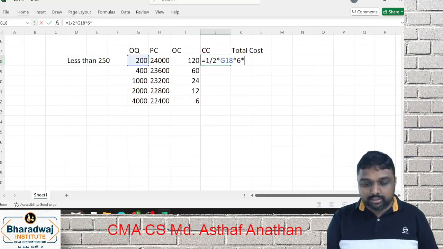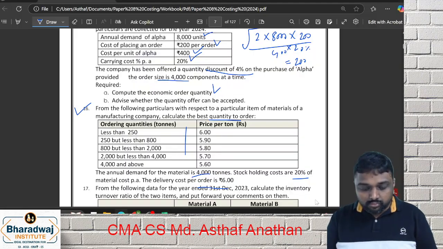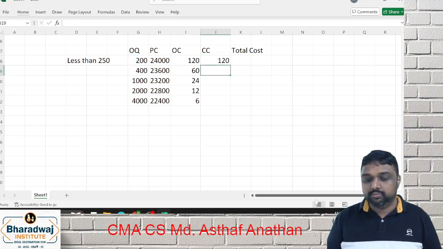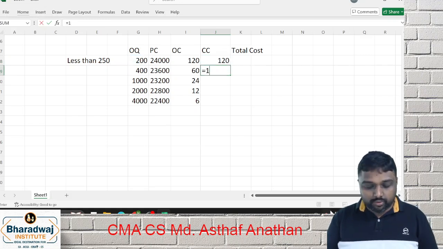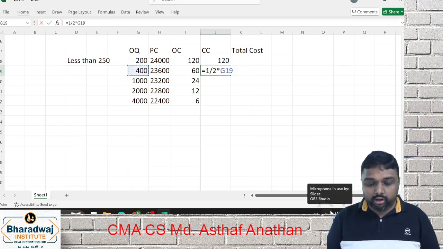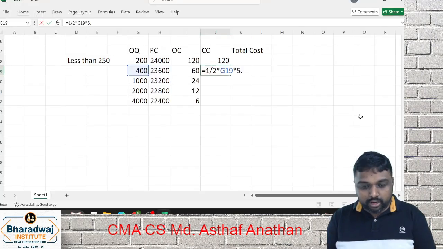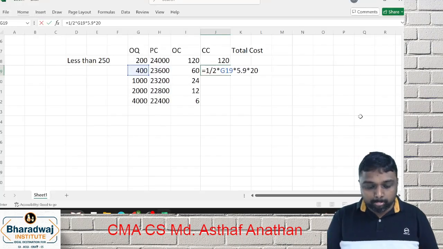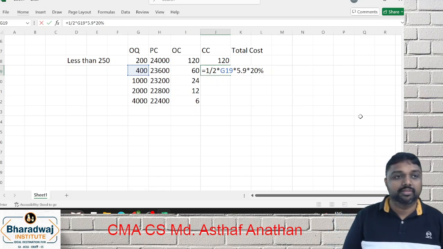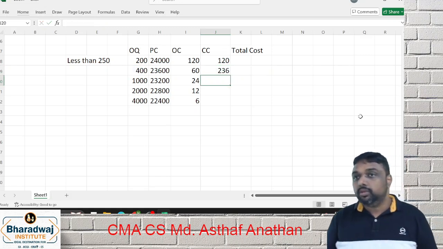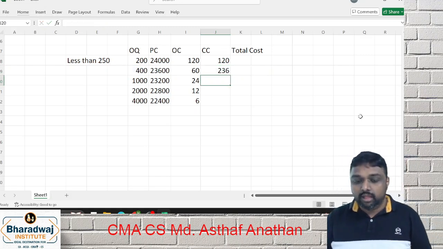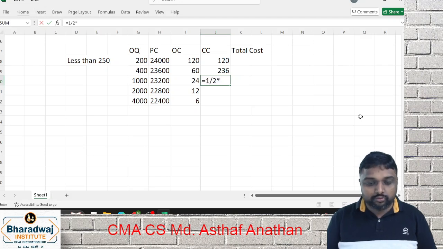So half of order quantity into 6 into 20%. Next, half of order quantity into 5.9 into 20%. Do you understand, friends? Next, half of order quantity into 5.8 into 20%.